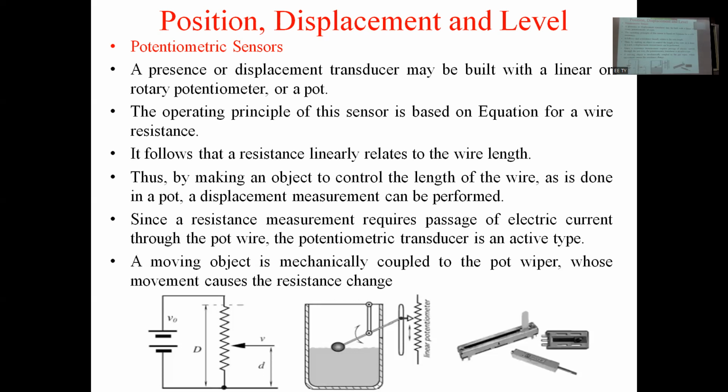If the length detected is less, then what about resistance? It will also change. If length or distance changes, that means the resistance of that potentiometric type of sensor will change. And accordingly, its output in the form of voltage drop will also change.